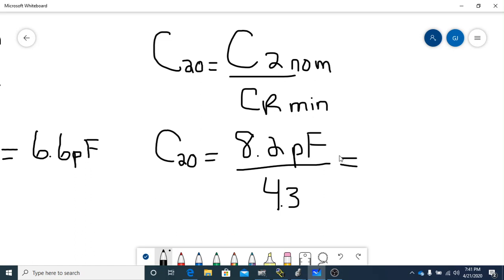So then if we take 8.2 pico divided by 4.3 equals, I got 1.91 if I round, 1.91 picofarads.